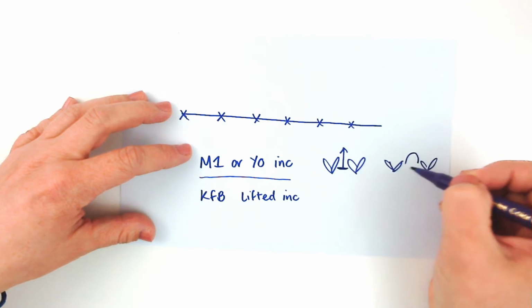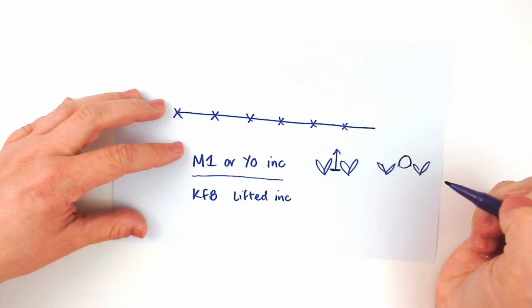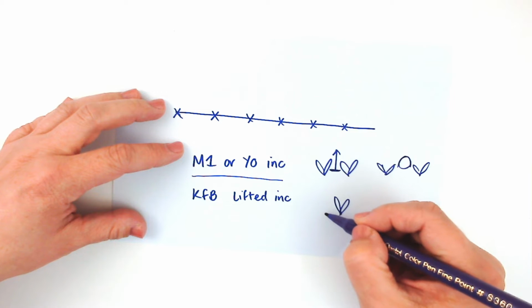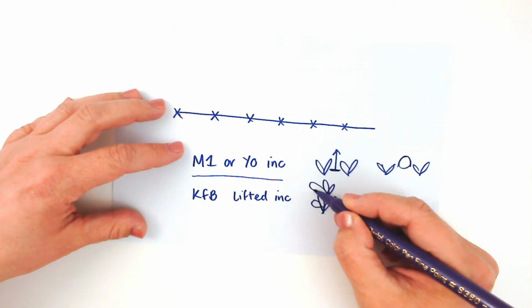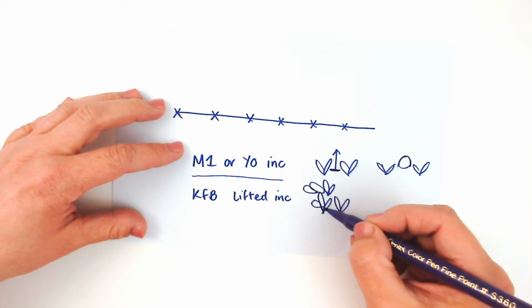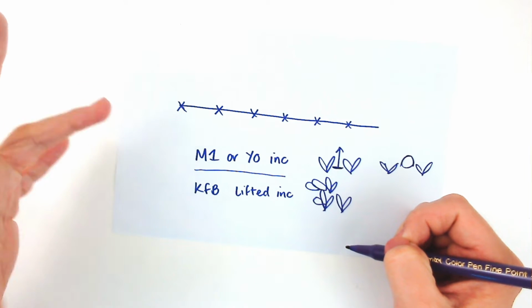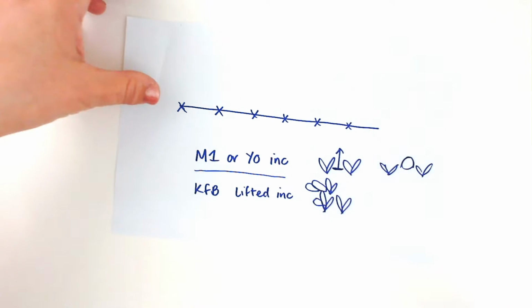I didn't have to touch either of those two stitches to create a yarn over or a make one. Whereas when I'm doing a knit front back increase, I'm actually using this stitch to work the extra stitch on top of it. So you need to use a stitch when you work one of these increases, same as the lifted increases. You have to take that into consideration with our equations.